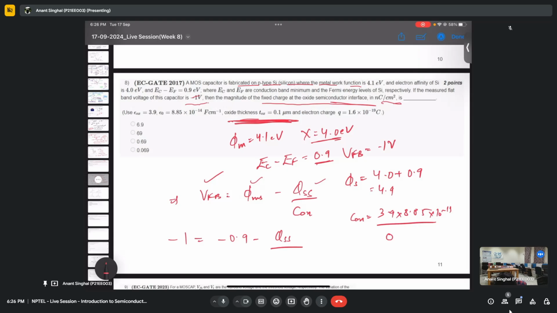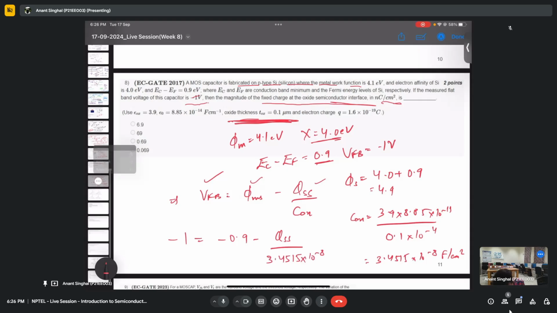So this is 10 to the minus 5. 3 into 8 is around 3.4515 into 10 to the minus 8 farad per centimeter square, which I'm writing here. So I guess I've done it correctly.